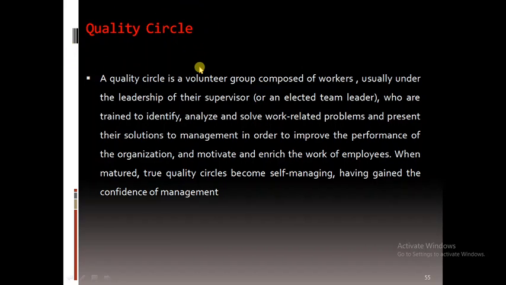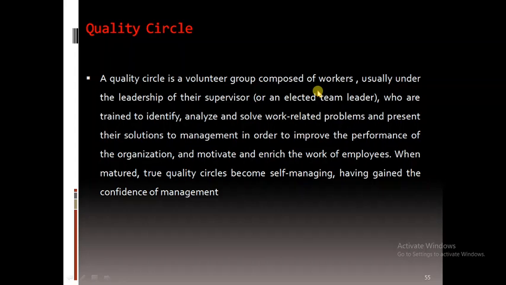It is a small group of members working together, who meet each other with a view to analyzing and resolving work related problems. This group consists of 7 to 10 men who meet at least once a week for 1 hour, and all the members should obviously be working in one industry.